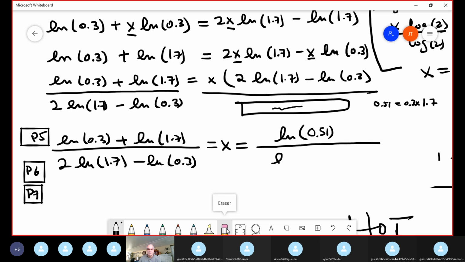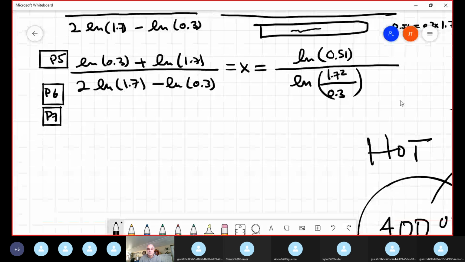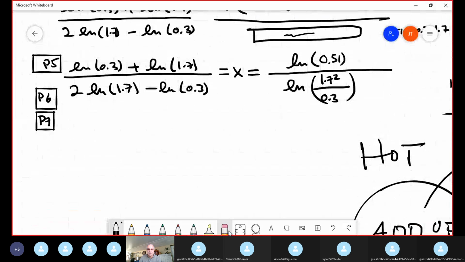So, logarithm, you condense into only one. Basically, 1.7 squared, so these two go to the exponent place, divided by 0.3. Of course, I put in the calculator automatically 1.7 squared. Okay, you put it in the calculator. So far, the answer is, let me see.